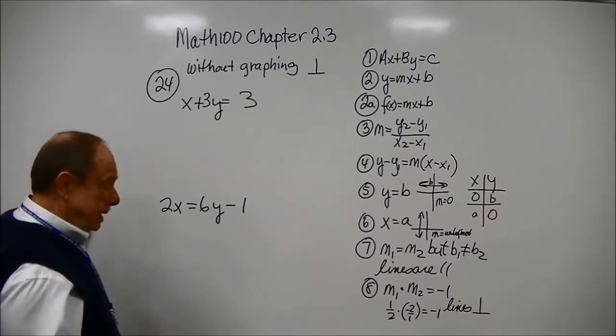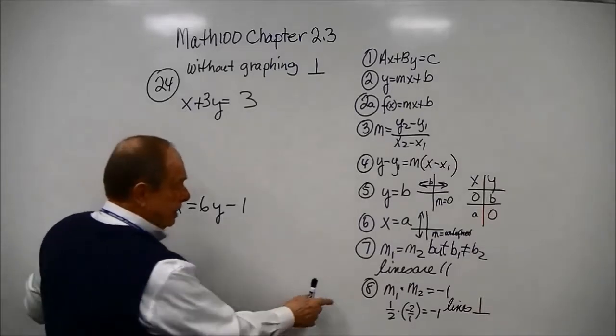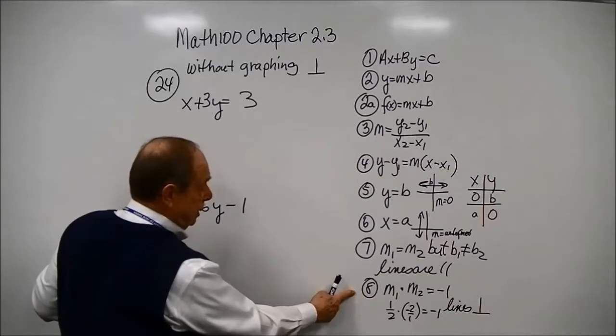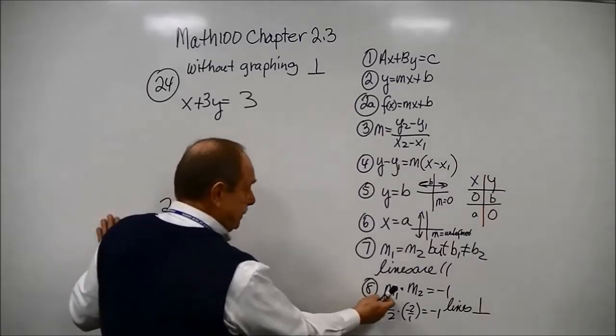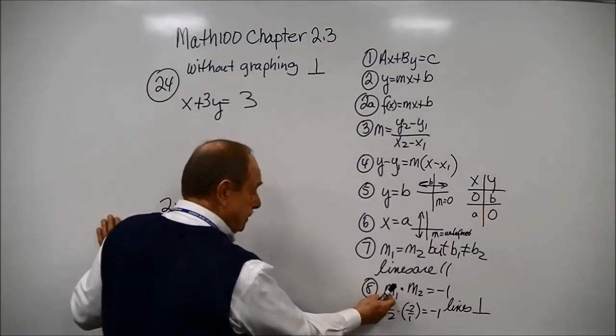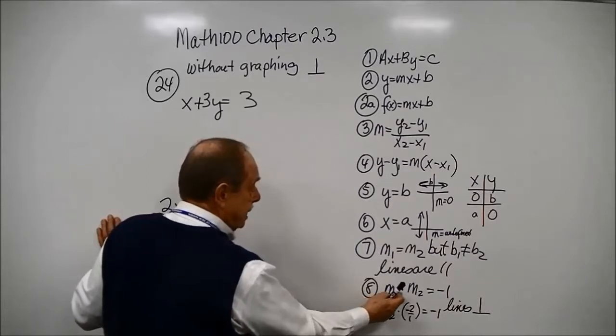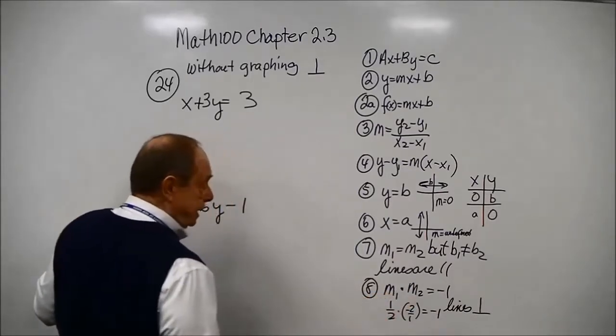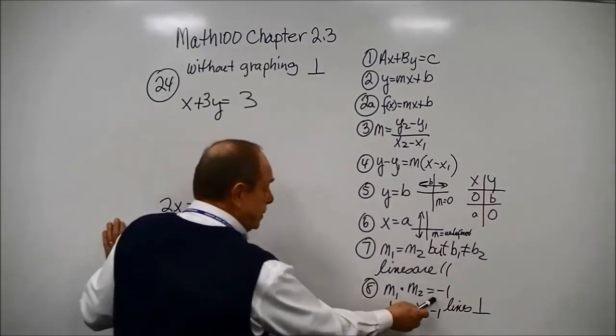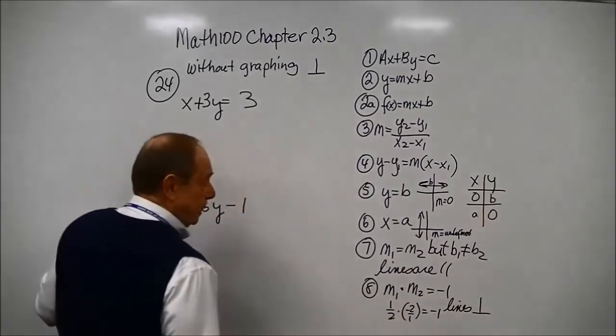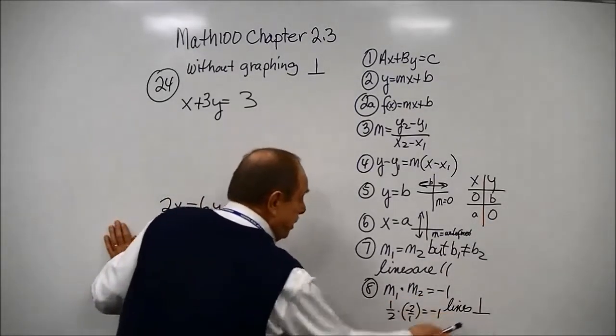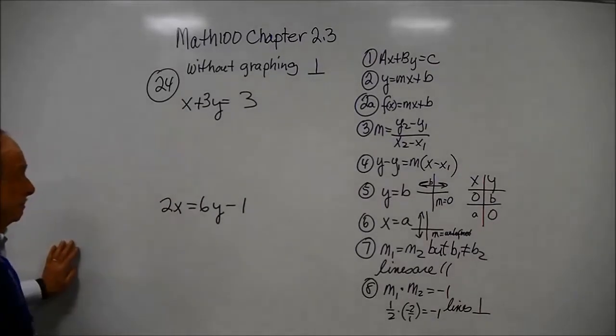And the technique, you may recall, is hint number 8 over here, that if the slope of the first equation times the slope of the second equation equals a -1, then the lines are perpendicular.